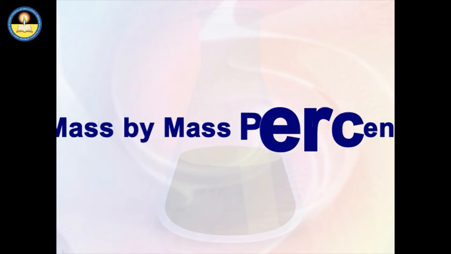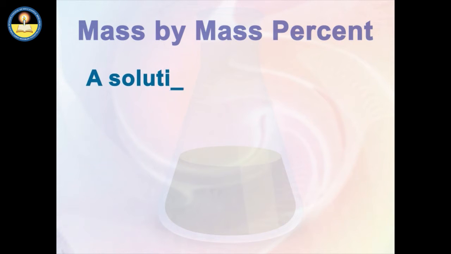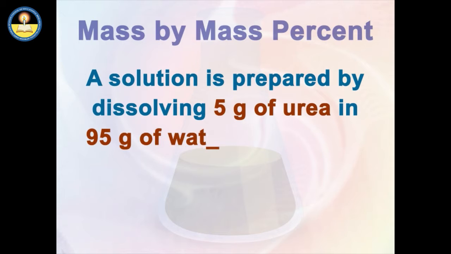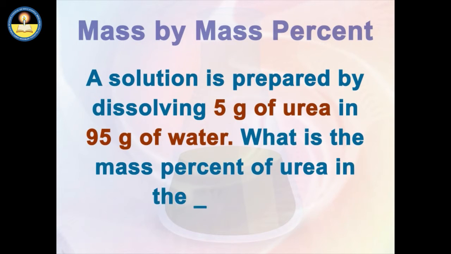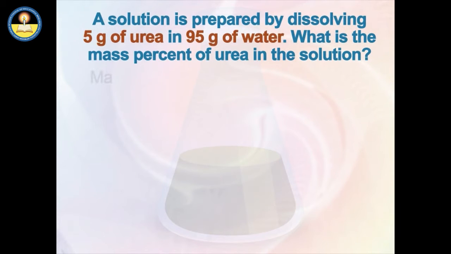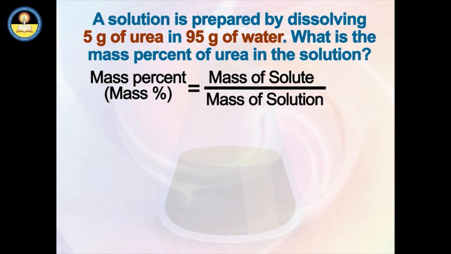Here is an example for you to understand this concept. A solution is prepared by dissolving 5 grams of urea in 95 grams of water. What is the mass percent of urea in the solution? Now let us have a look at the solution. Mass percent equals mass of solute divided by mass of solution multiplied by 100.